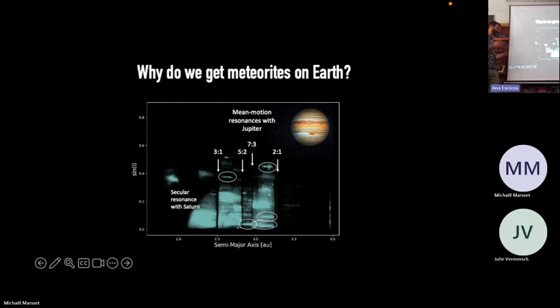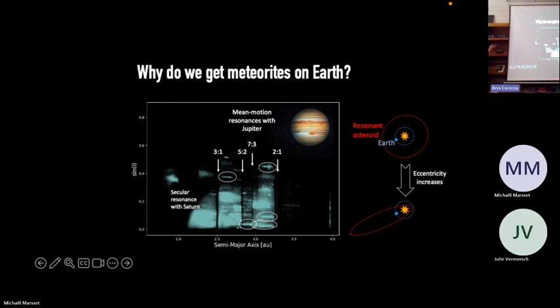When an object enters this resonance, you get periodic dynamical pushes by the planet, and it will evolve from a rather circular orbit to something very eccentric. Eventually it will cross the terrestrial planet orbits, and that's how you get meteorites and impacts and all of that.